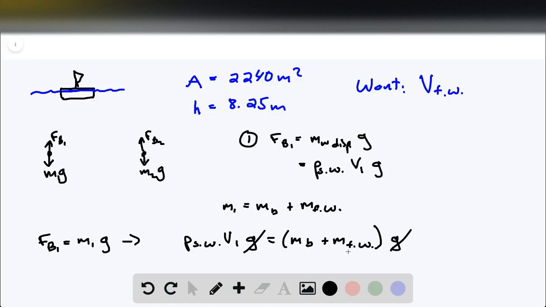And note that we can write the mass of the fresh water as a density of the fresh water times a volume of the fresh water. And this is good because that's what we want to find. We want to find the volume of the fresh water. So I'll rewrite this equation out again.